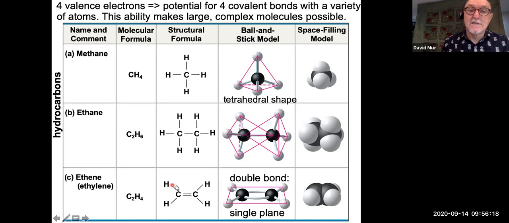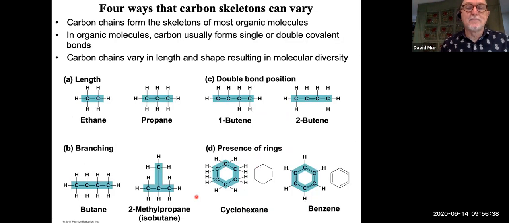And this now is C2H4. So this gives you an idea. We can start to join carbons together, and we can join them in different ways. The way in which we join them is important. Single bonds are different to double bonds, and it has an impact that I'll describe in a minute. So these are the ways in which we can start to build carbon skeletons by joining the carbons together.